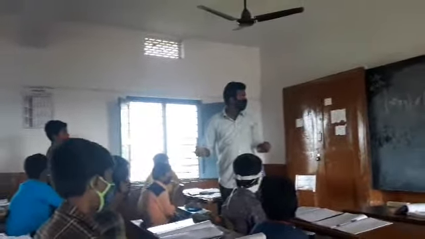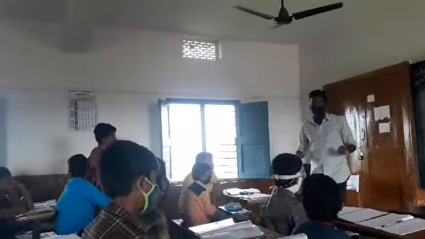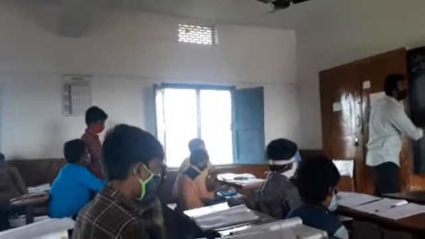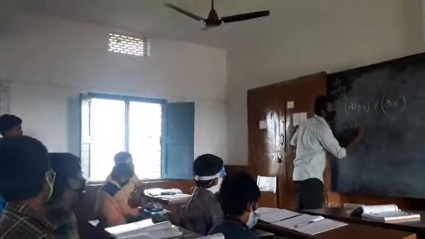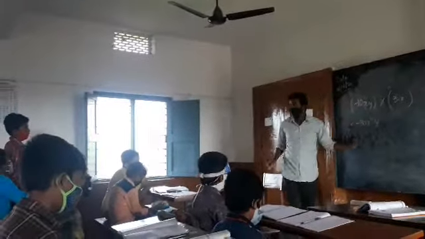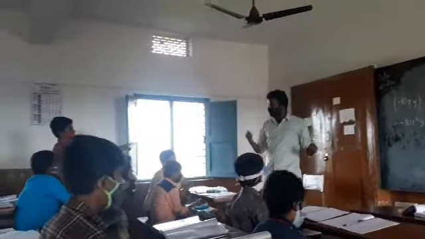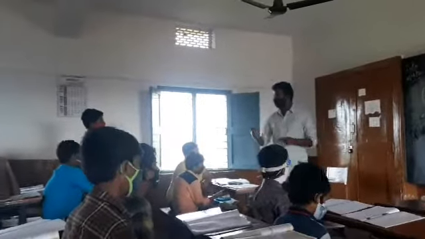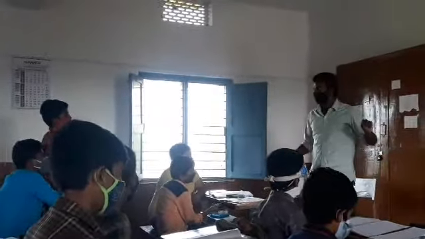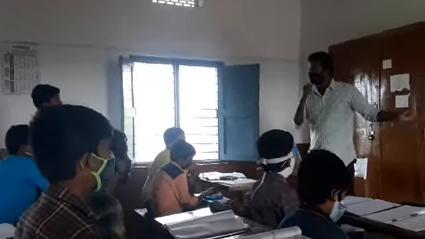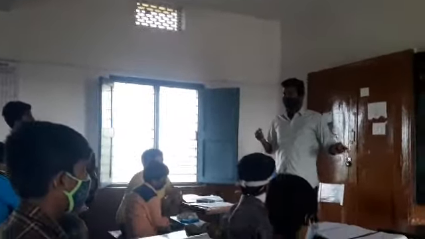Very good. No, you said the correct answer. Explain how the minus 30 x square y came. Yes, you are right. 10 into 3 is 30. Is it 30 or minus 30? Minus 30. How did the minus 30 come?